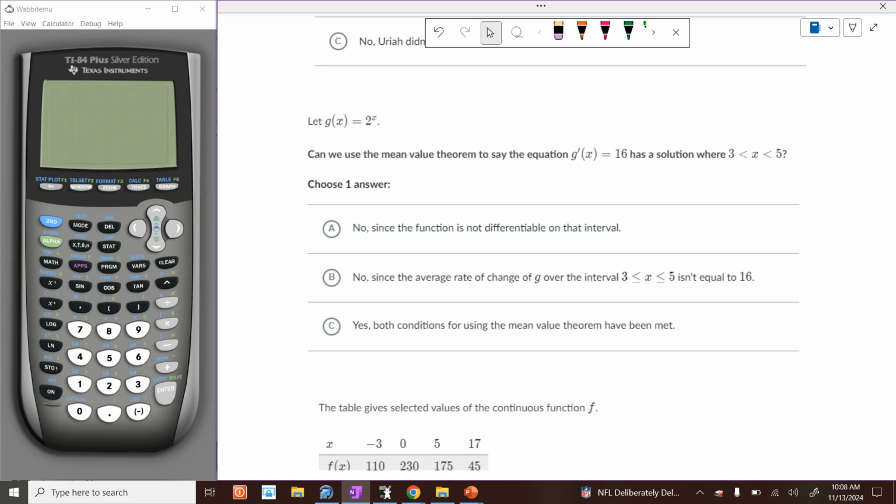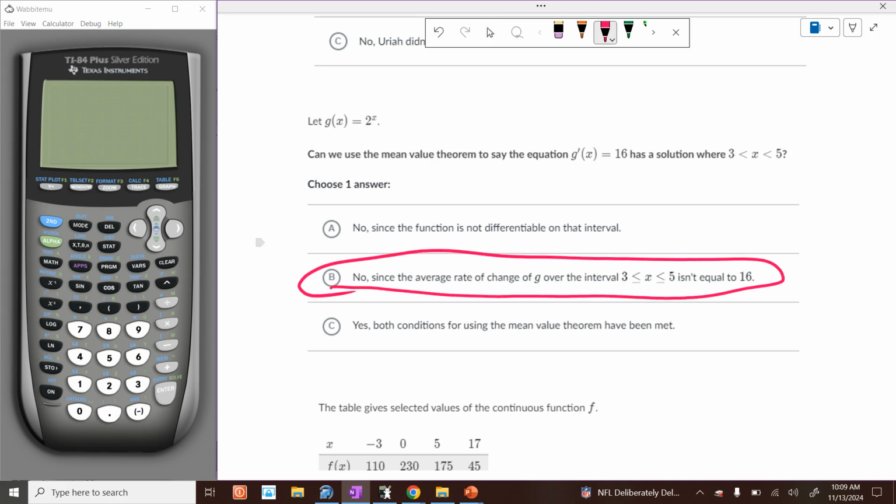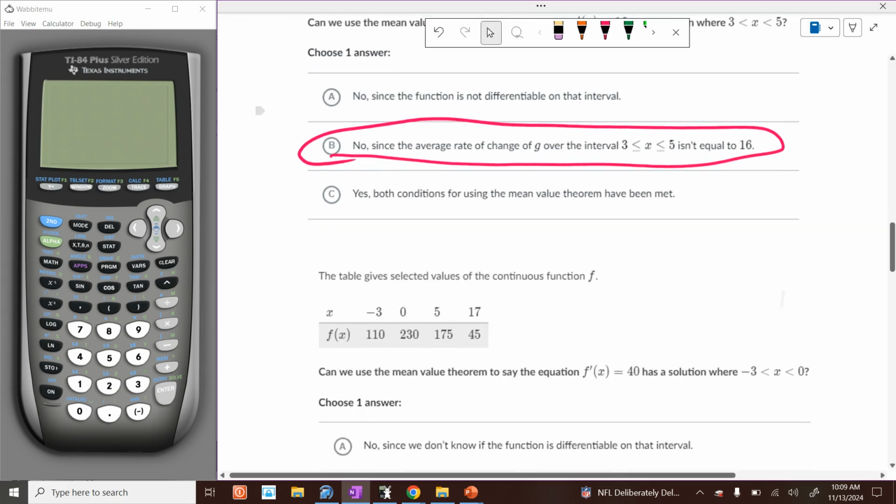Divided by 2 is 12. It's not equal to 16, is it? So the first derivative would have to equal 12, not 16. So the average rate of change is 12, not 16. So that's why that wouldn't work.